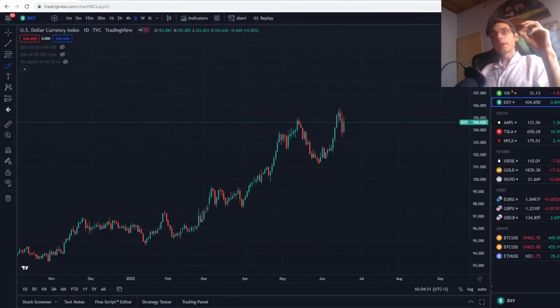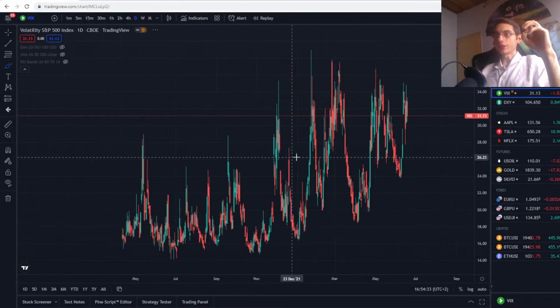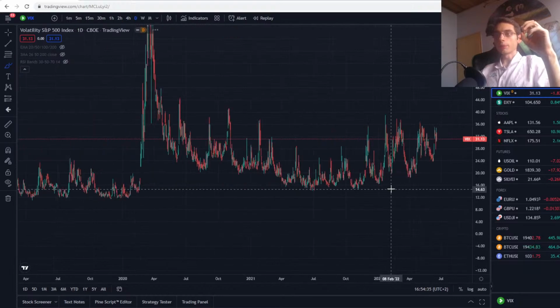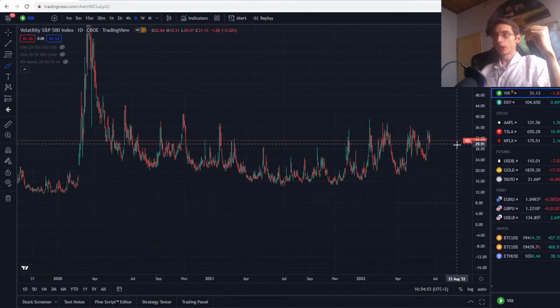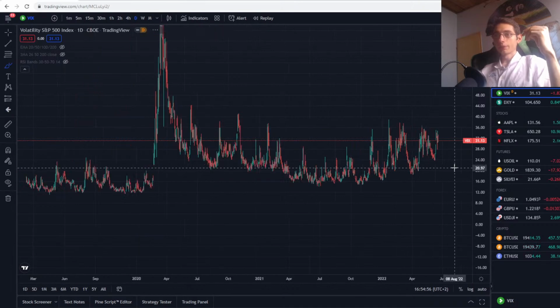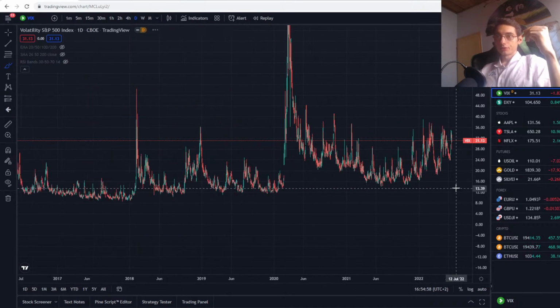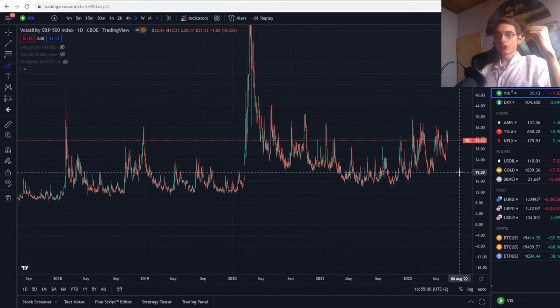It's used by market traders or investors to assess the sentiment of the market. When it's above 30, it means the market is at a really high fear level. Instead, when it's below 30, more or less in the 20 or below, the fear is not so high.